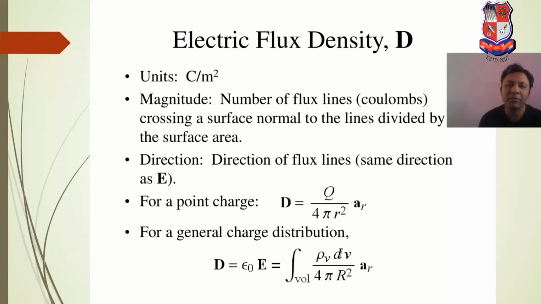And we know that electric field E equals F divided by Q, force per unit positive charge, and force is equal to Q1 Q2 divided by 4 pi r square. Okay, so this is the electric flux density.